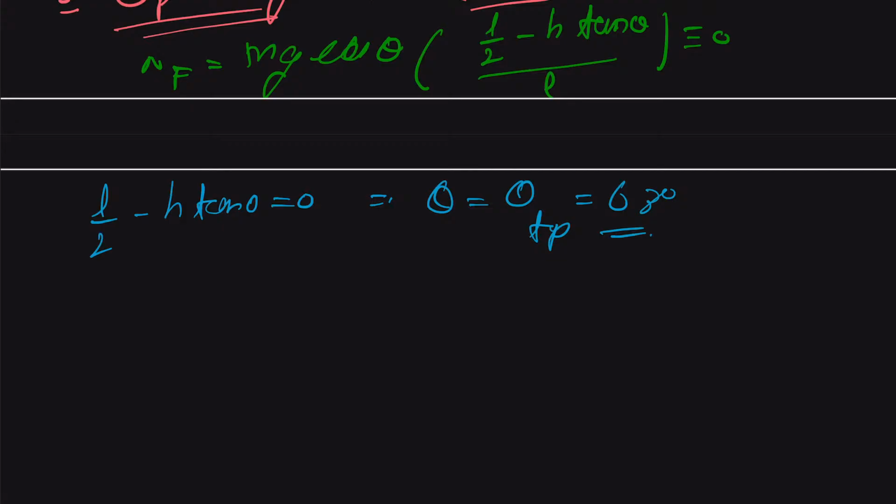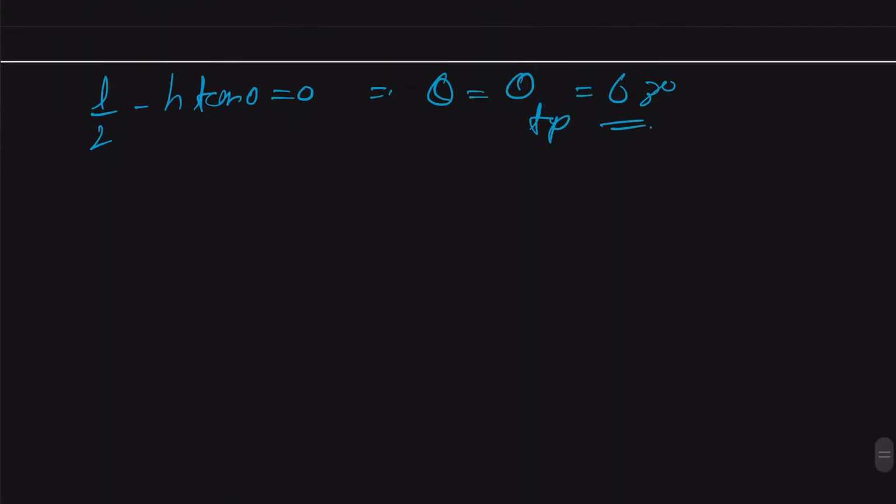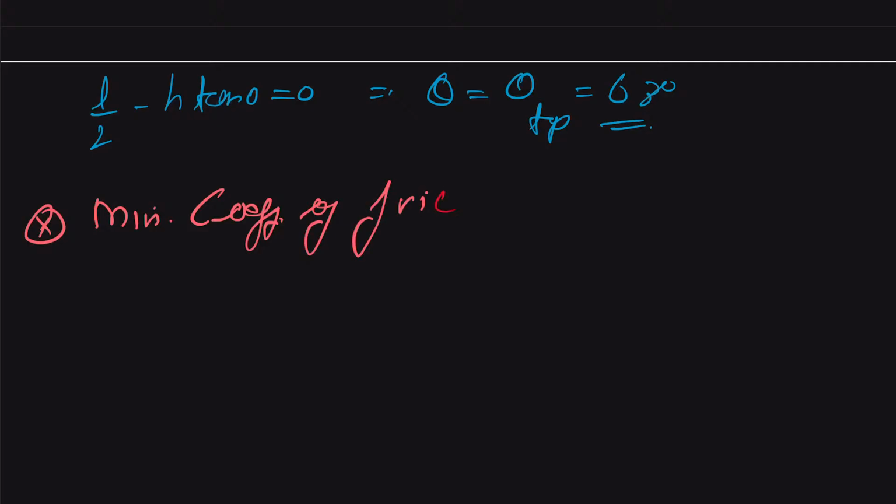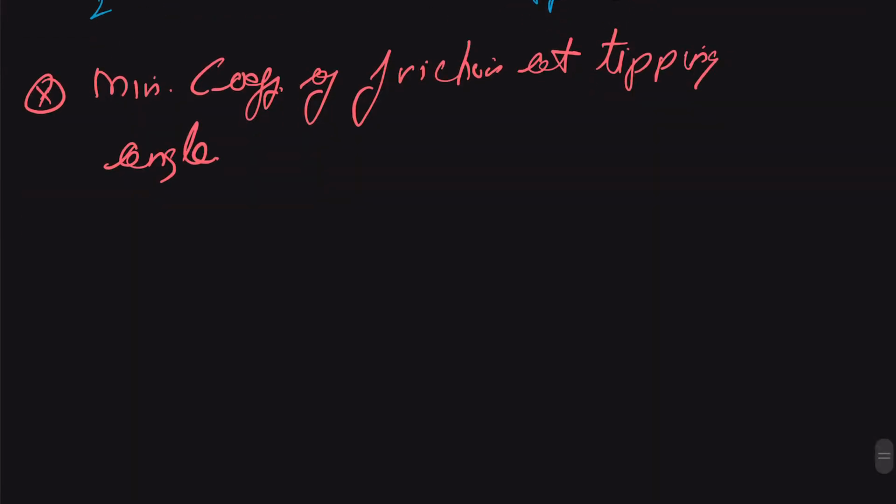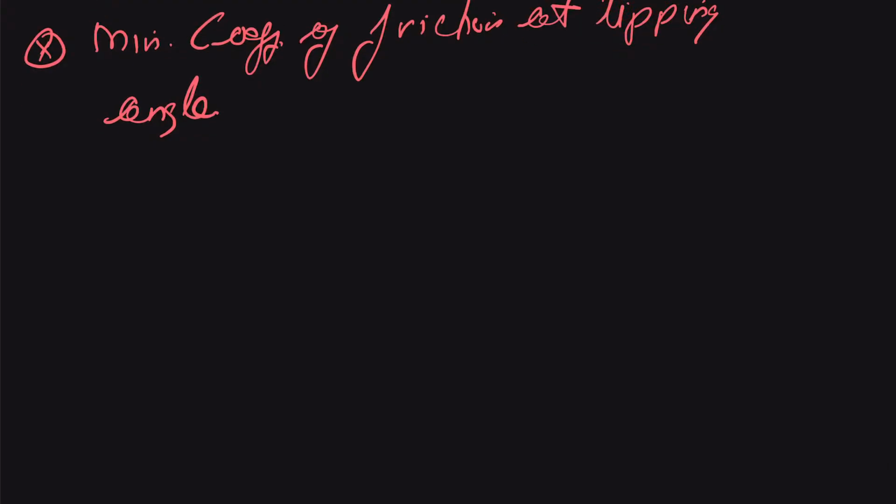Okay. And now we can find out our minimum coefficient of friction at tipping angle. So we know that we have our weight components.